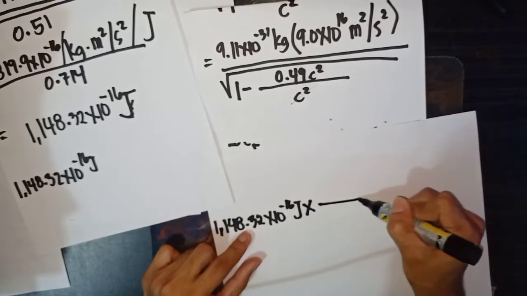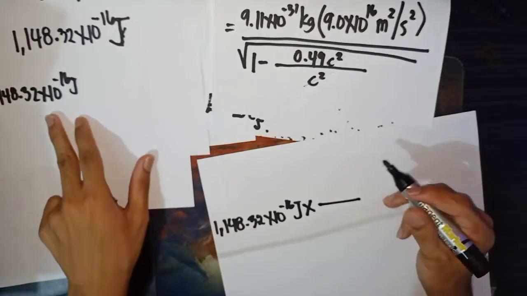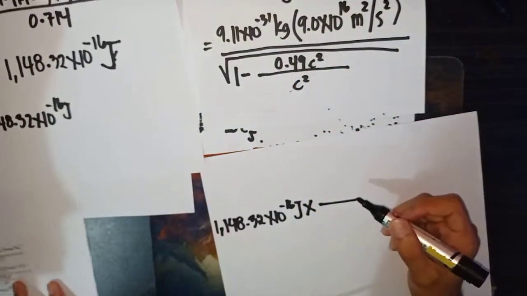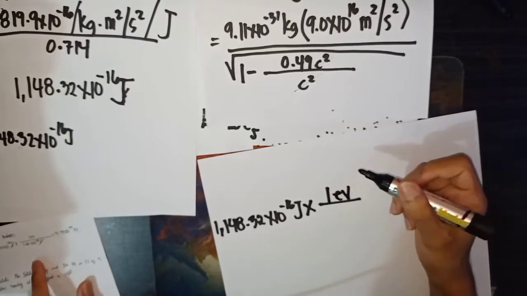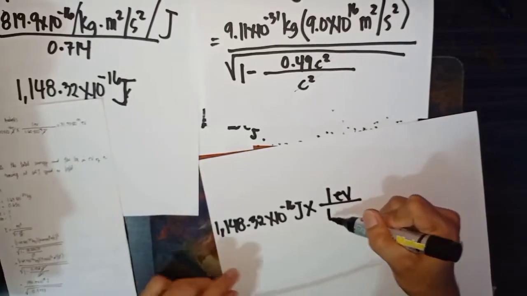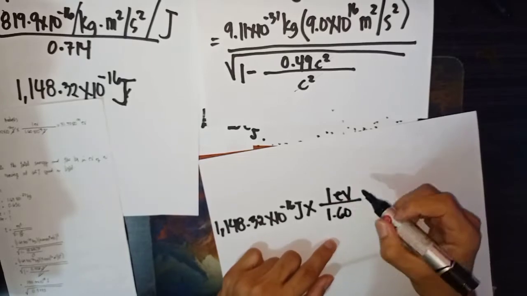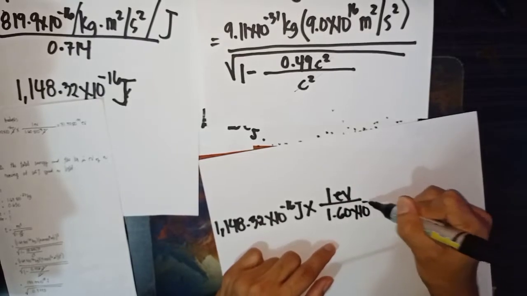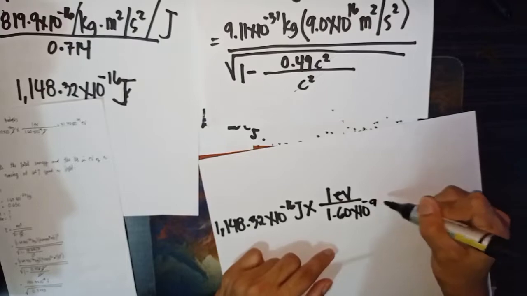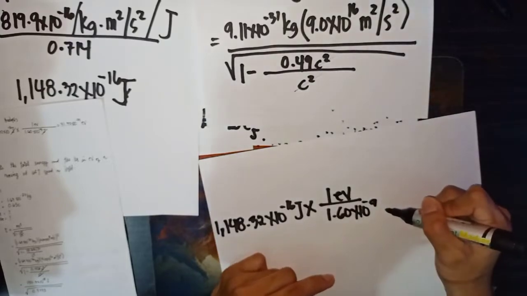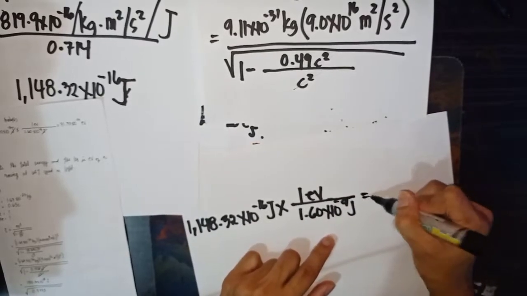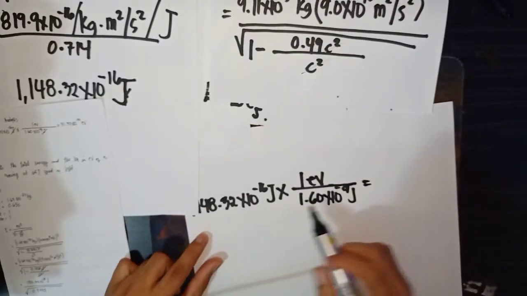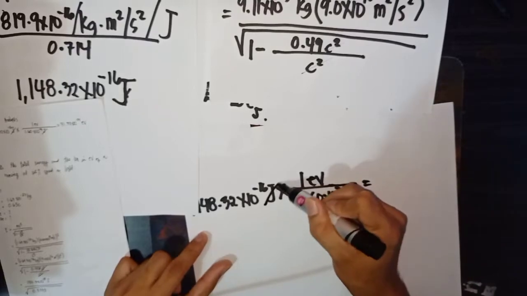Let's get the equivalent: in 1 electron volt, we have 1.60 times 10 raised to the power of negative 9 joules. So we cancel out joules.